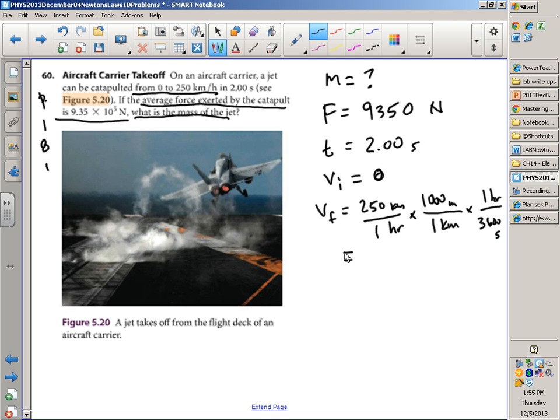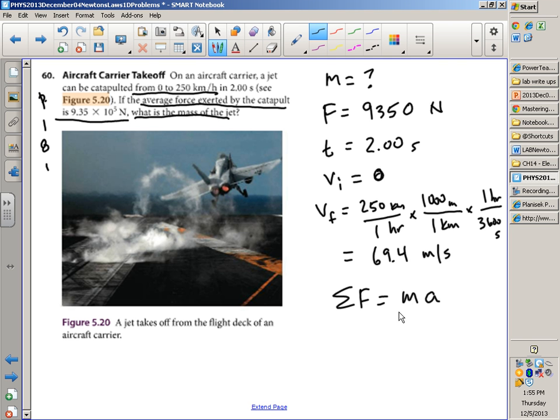Sam, have you figured out the meters per second value yet? 69.44. So 69.4 is that velocity in meters per second. Okay? Now, Joe, you originally mentioned that these were accelerations, right? Because that's convenient if we have acceleration, because we use Newton's second law, and Newton's second law has mass in it.